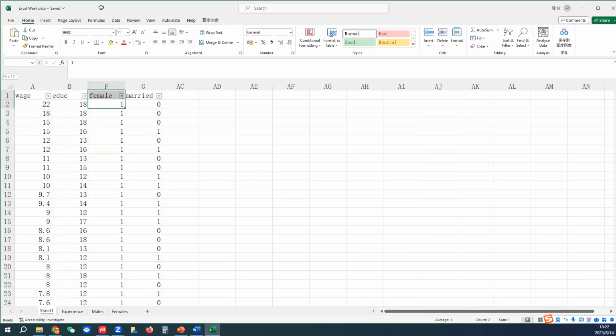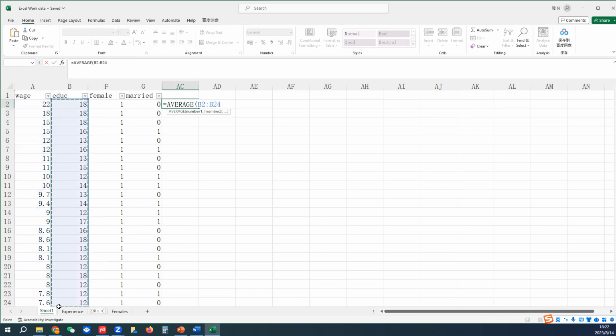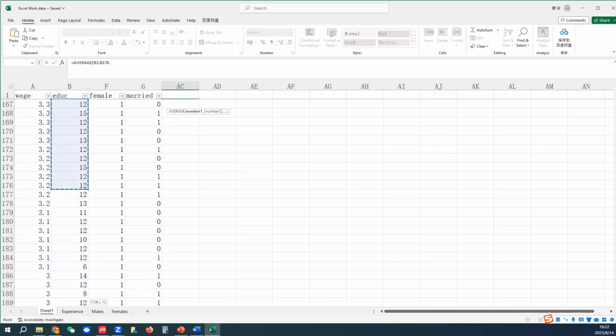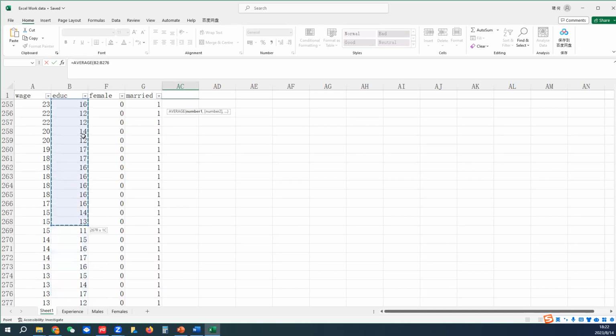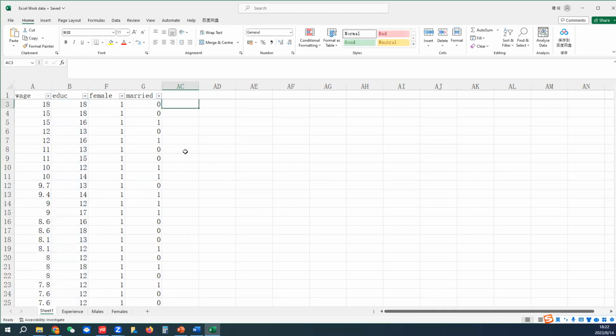And we are calculating the average education level for those whose F equals 1, where the F column's value is 1. So we keep dragging down. Now there is the change until row 253. The result is the same, 12.317.